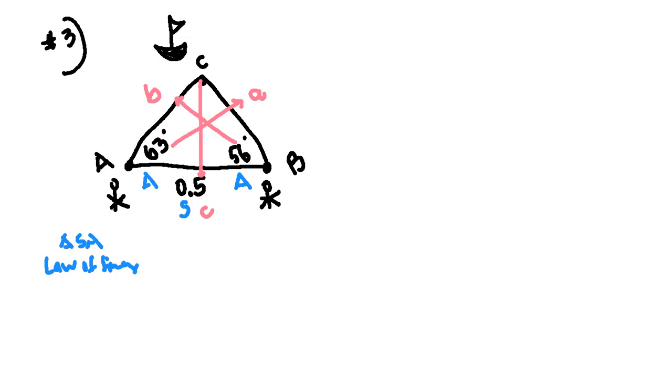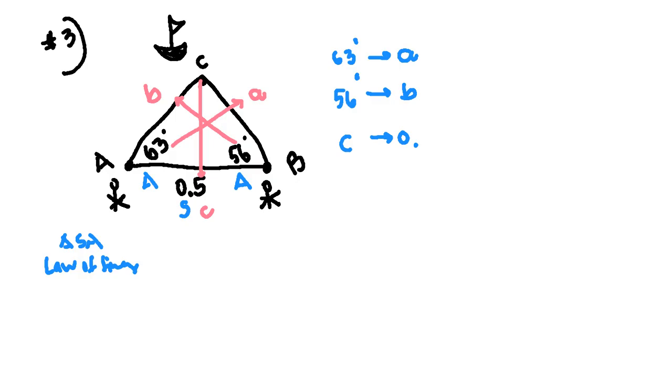And the other day I wrote this out, and I think this was helpful. So let's list it. 63 degrees corresponds to side A. 56 degrees corresponds to side B, and we don't know angle C, so we're looking for that, but we know that it corresponds to 0.5. So these are the things that we have.